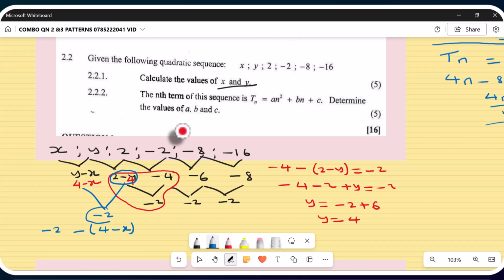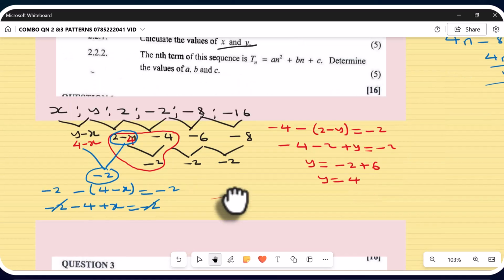So 3 minus 1 is 2, and 4 minus 2 is also 2. So our values: a is negative 1, b is 3, and c is 2.